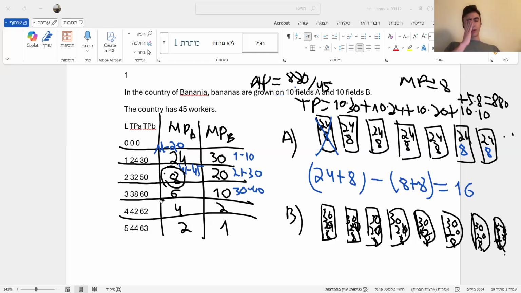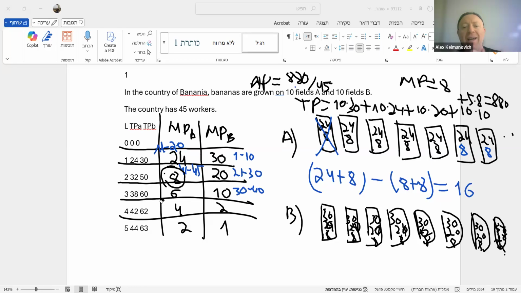Can you just explain really quick the logic behind how you got that answer? It's very simple logic. I want to know the difference between a situation in which I have this field and the situation when I don't have this field.